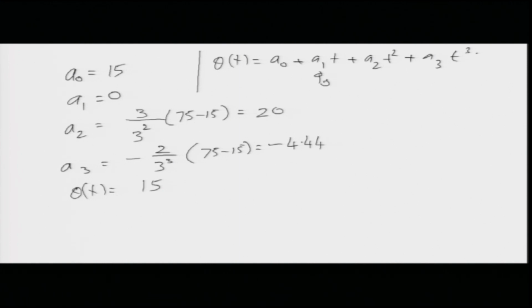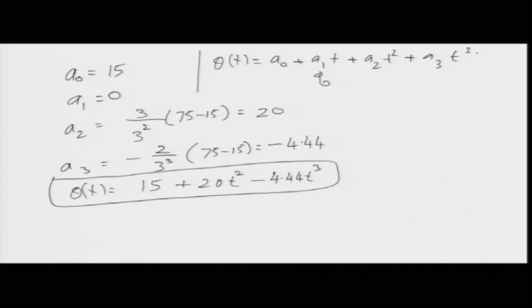What we are getting here is the equation 15 plus 20 t squared, since a2 is equal to 20, minus 4.44 t cubed. So, this is my cubic polynomial equation which we were asked to find.